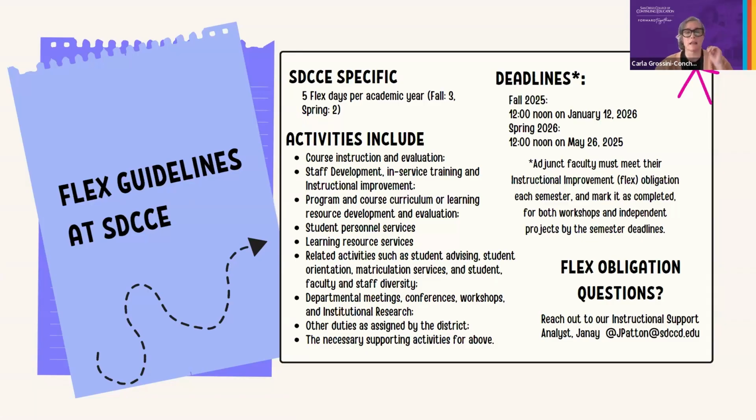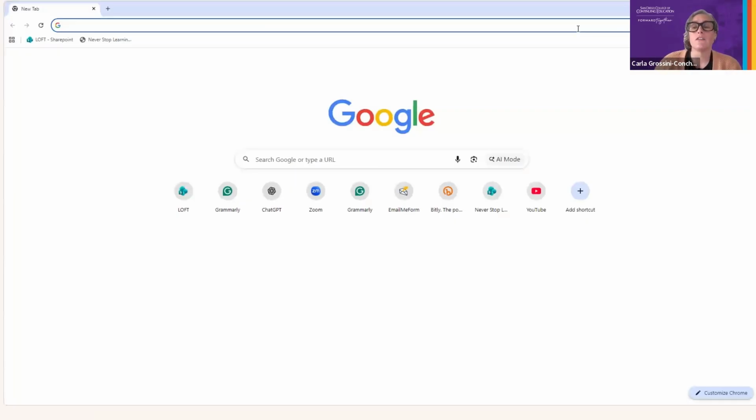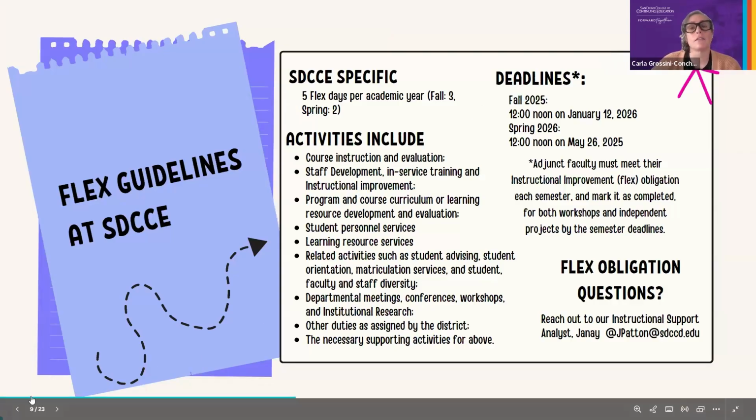So for deadlines, all this information is in that handbook link that I placed in the chat. As an adjunct instructor, you have two deadlines in the academic year: a fall deadline and a spring deadline. If you are a contract instructor, you only have the one at the end of the year, in the spring.